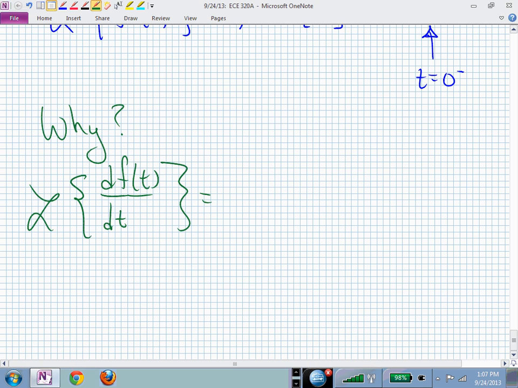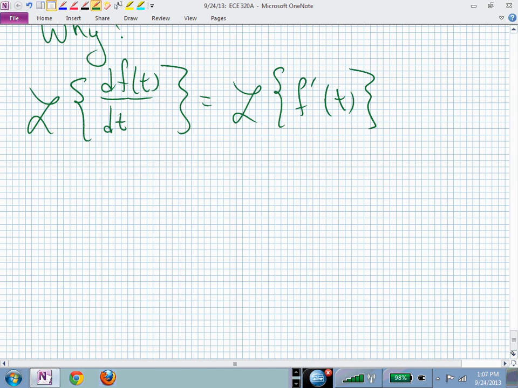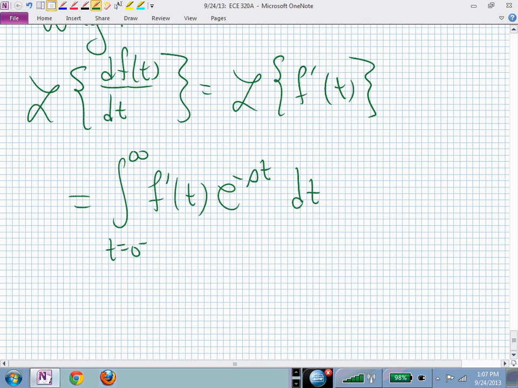So now we want the Laplace transform of df dt, or the Laplace transform of f prime of t. And you go, shoot, I don't know what he's asking for, but I can write down the definition, which is put the function where it belongs, scale it by e to the minus st, and then integrate over all time from 0 minus to infinity.